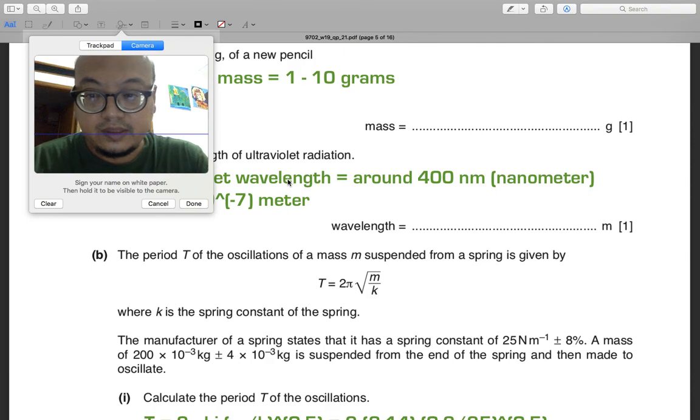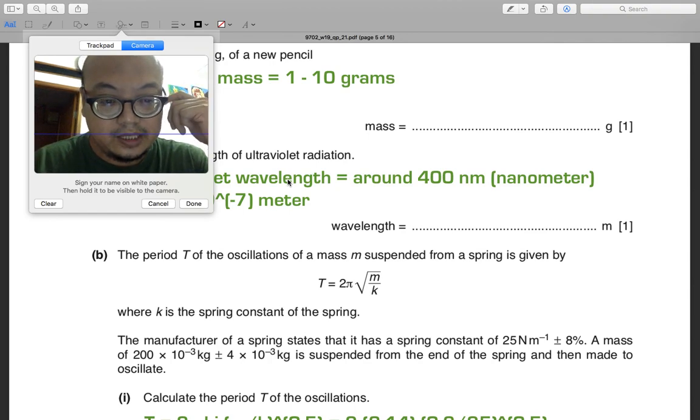B. The period T of the oscillation of mass M suspended from a spring is given by T equals 2 pi root of M over K, where K is the spring constant of the spring. The manufacturer states that it has a spring constant of 25 Newton per meter plus or minus 8 percent.